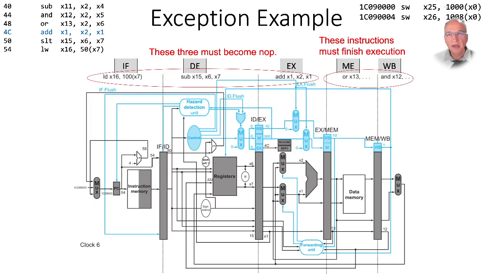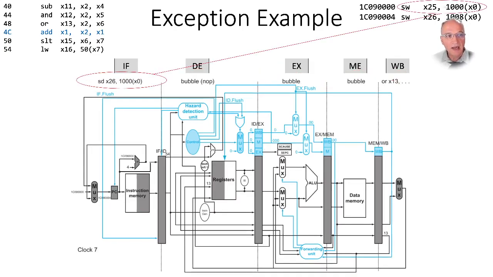So all the control signals for the instruction that's causing the exception and all the instructions that come before it in the pipeline, but come after it in the logic of execution of the program, will be flushed.